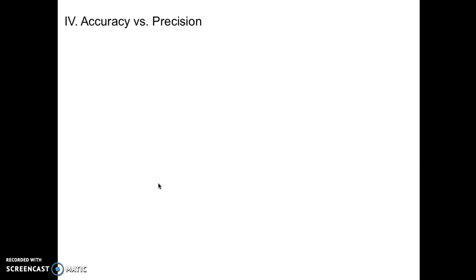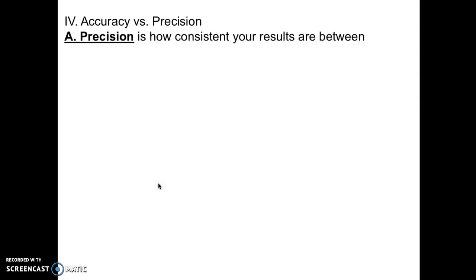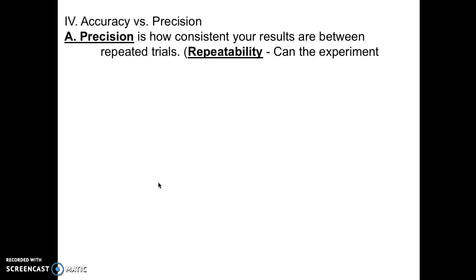All right. The last section we'll talk about is accuracy versus precision. Okay. Precision is how consistent your results are between repeated trials. In other words, if I do the experiment several times, can I get consistent results each time, about the same answer each time? So let's say I grow the tomatoes with fertilizer and without. And one time there's more in the ones with fertilizer, the next time there's more in the ones without.